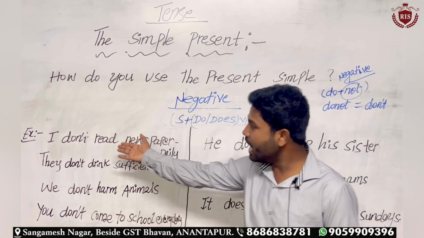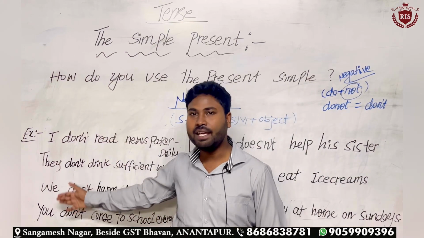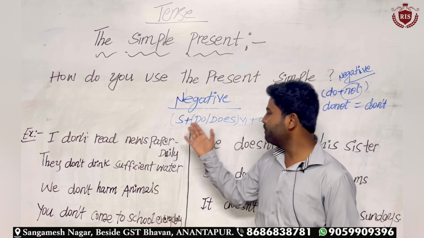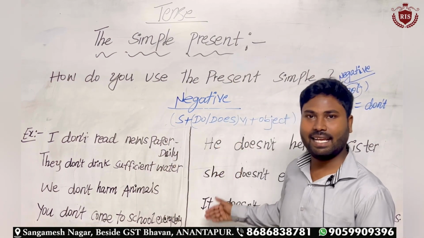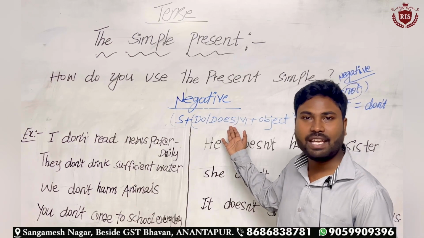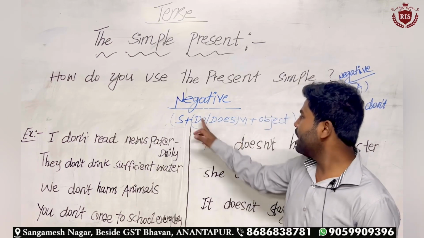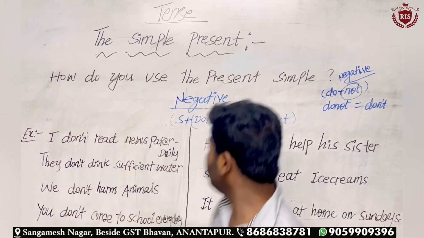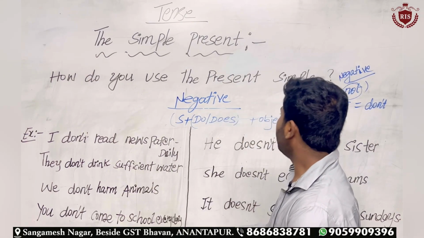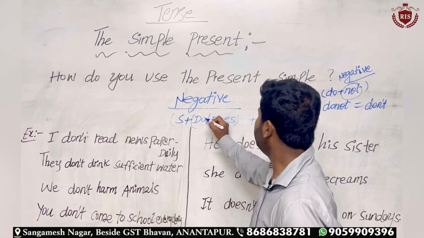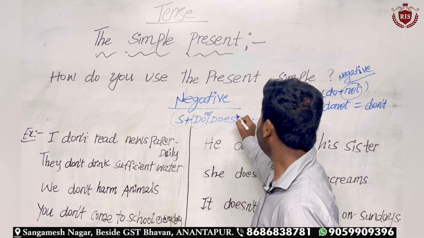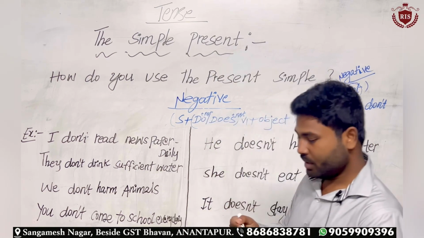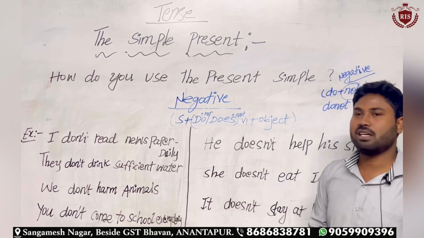If you have taken I, they, we, you, obviously we use the helping verb do, and if you have taken he, she, it, we should use the auxiliary verb does. After this we must add not, do not or does not, plus v1, plus object.